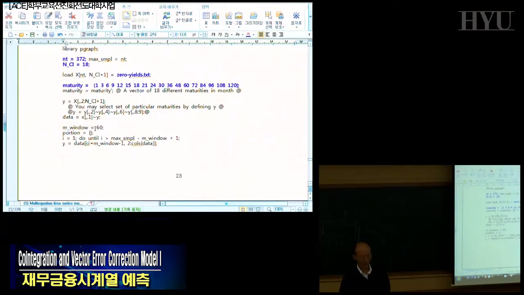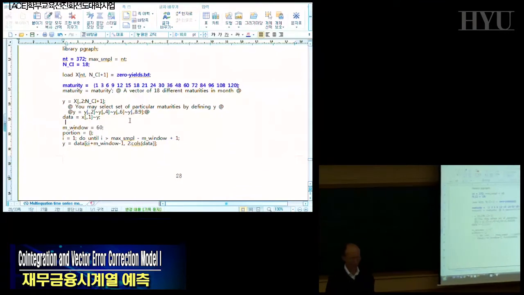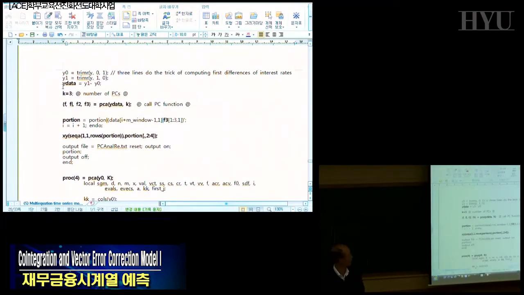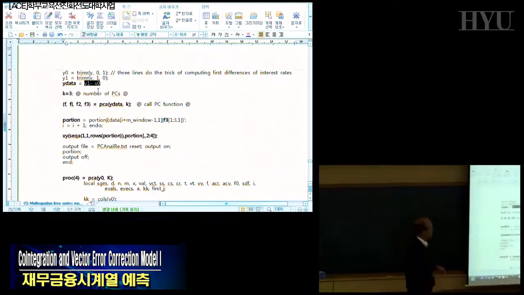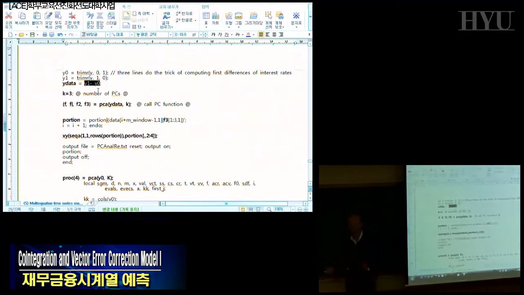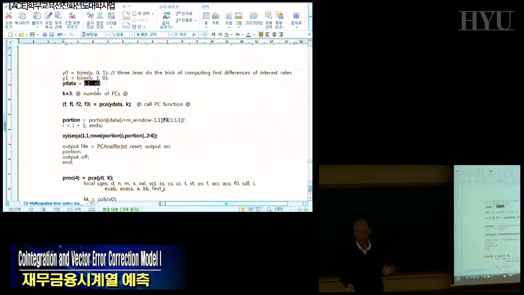And then window is set equal to 60 months. And our data is also in monthly frequency. And as you can see here, the data is all first difference. So these are Gauss code, probably you may not be familiar with right now.